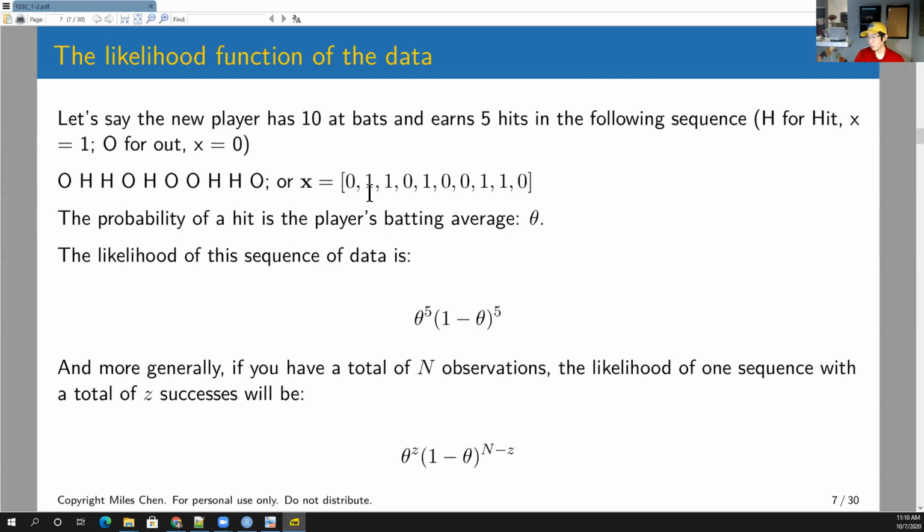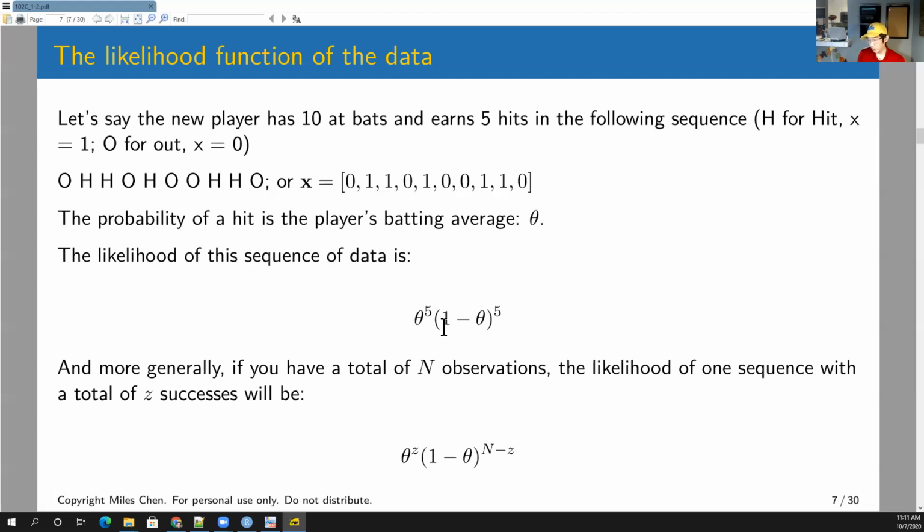Okay. And the probability of getting this exact sequence of hits is going to be theta raised to the 5th, 1 minus theta raised to the 5th. Okay. If you wanted to just treat it as kind of a binomial probability, where you're just saying what's the probability of any sequence of getting 5 hits out of 10 at-bats, then you would have a binomial coefficient, 10 choose 5 in the front. But it doesn't even matter, okay?